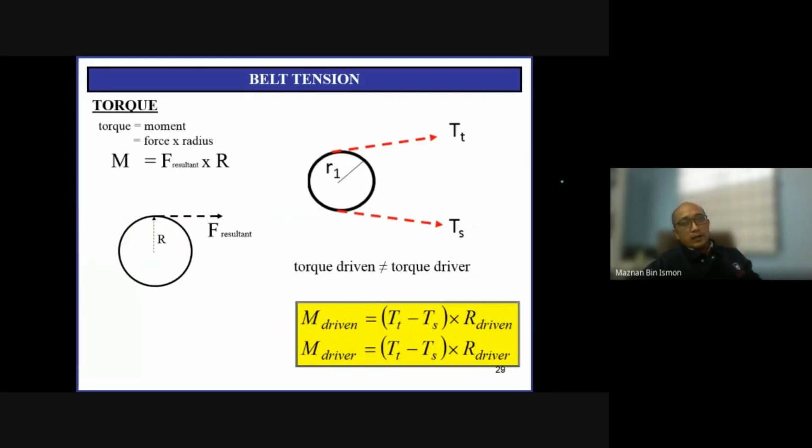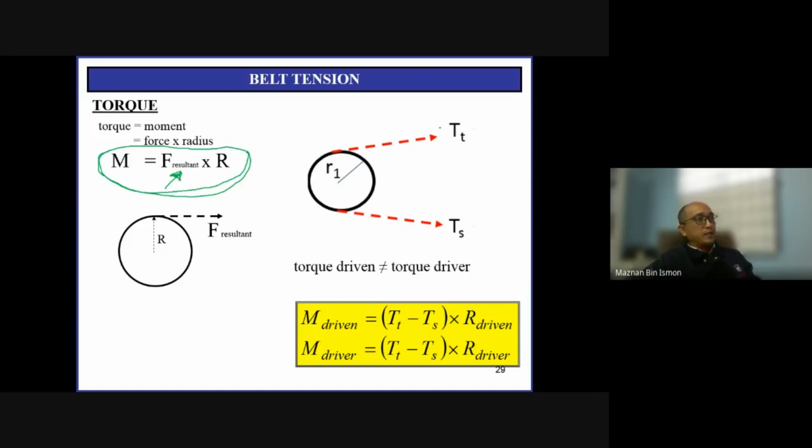When we talk about moment, talk of belt, because this is power transmission, you know that torque or moment is actually force times R, where force is the resultant force.